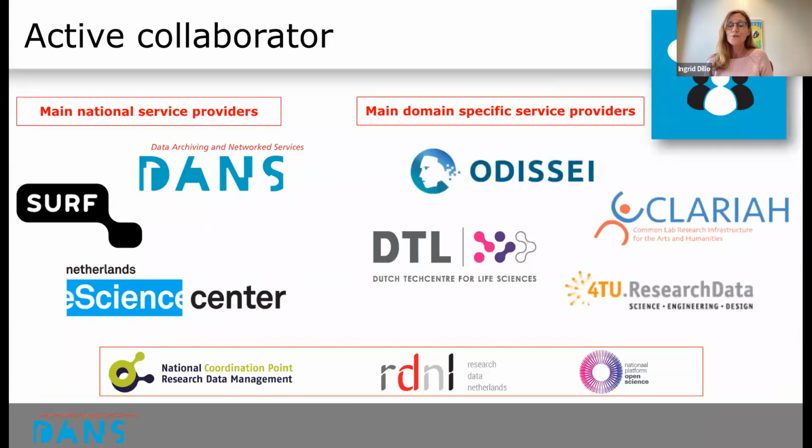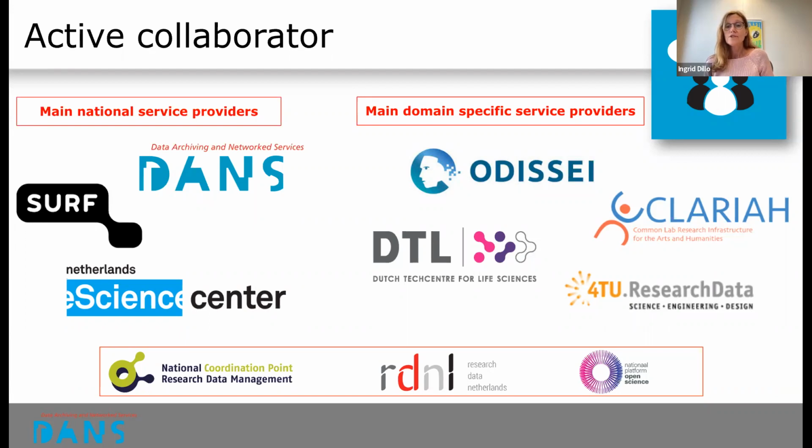So these are the 2 legs that DANS stands on, but DANS is of course not the only one. If we look at the Dutch landscape, we see multiple actors there, and DANS is an active collaborator with many of them. On the left-hand side, you see that DANS is one of the main national service providers in the Dutch data landscape, next, of course, to SURF and the eScience Center for software.